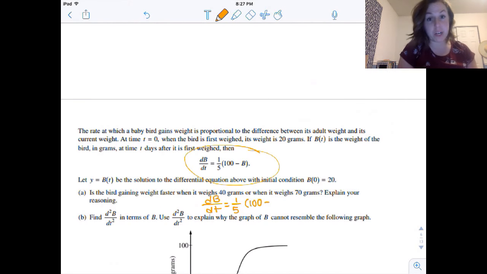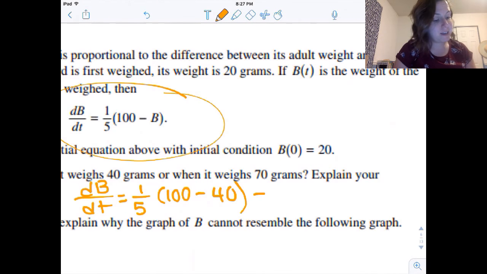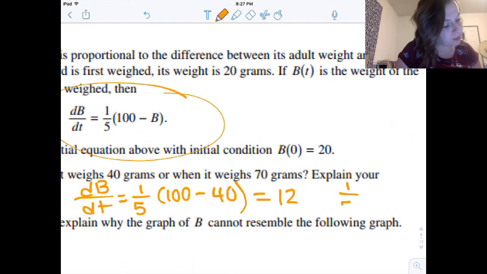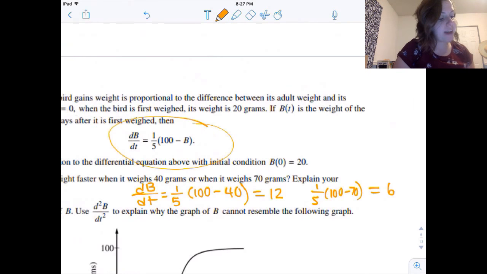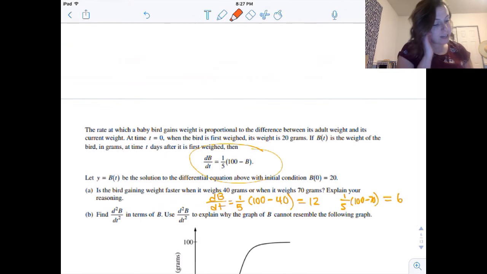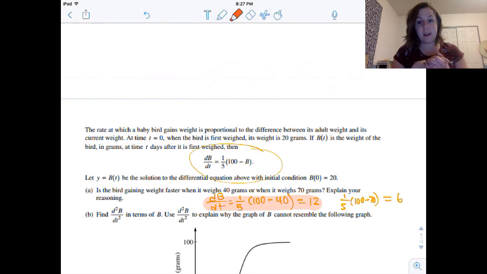So that's 60 times 1/5. 60 divided by 5 is 12. So that's dB/dt at 40. And then I can plug in 1/5 times (100 minus 70). So that's 30 over 5, which is 6. So I see that my rate is higher when the weight is 40. So it would be gaining weight faster at that time. Okay, so when your derivative is higher, it's gaining weight faster.